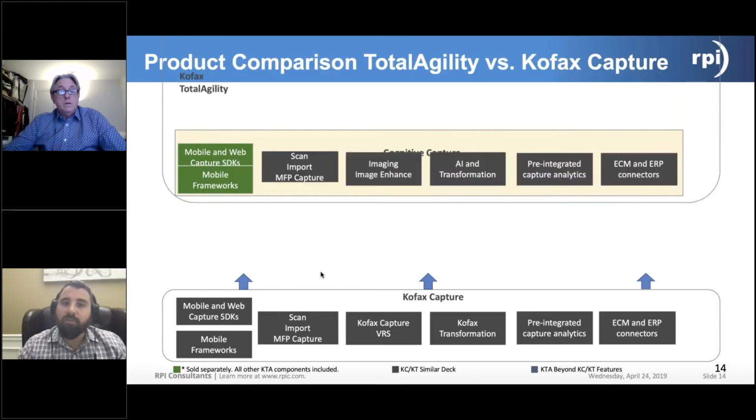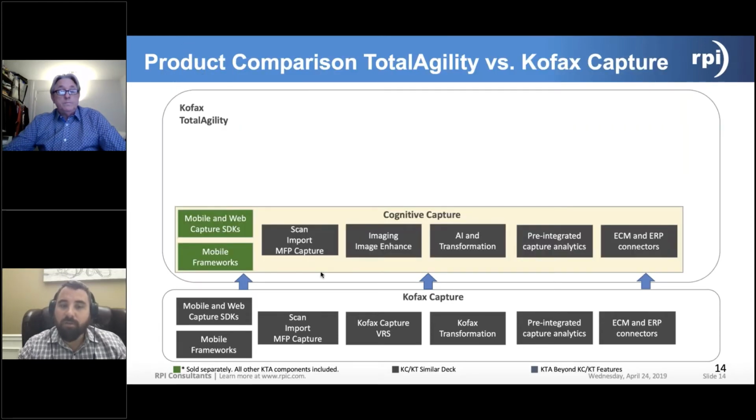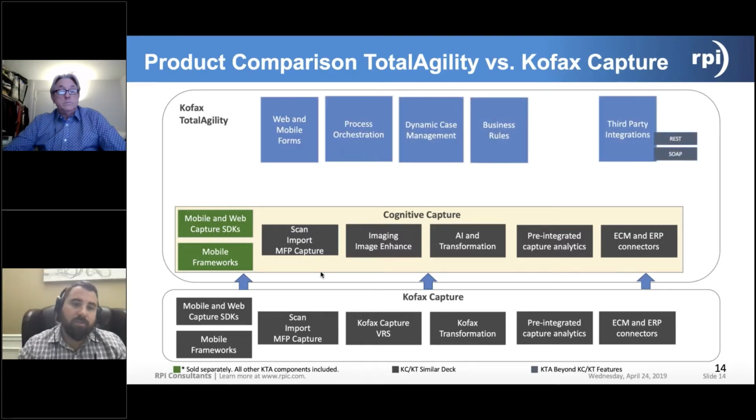Well, that continues to live on in Kofax TotalAgility. You still have all those same features, but they're integrated into a platform that has other features such as web and mobile ready forms, process orchestration, dynamic case management, business rules, and continues to have out-of-the-box third-party integrations that are either web service based, exporting of flat files, XML, CSVs, inserting into databases, what have you.